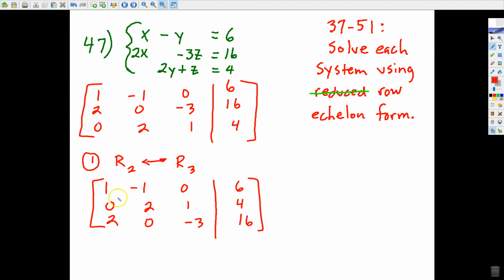Okay, now my next move, I should just go ahead and complete this column. I need to have this become 0. So any thoughts? This will be called step 2. Stacy?